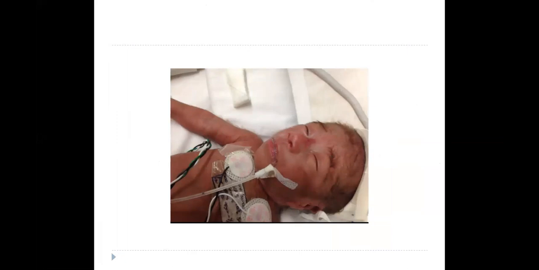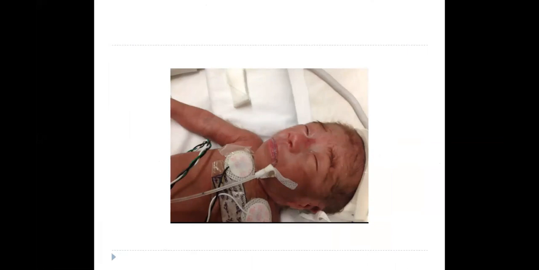Okay, another example of aEEG application, aEEG in growth restriction. This is a baby of 28 weeks, 800 grams. And the neonatologist asked me for a cranial ultrasound.